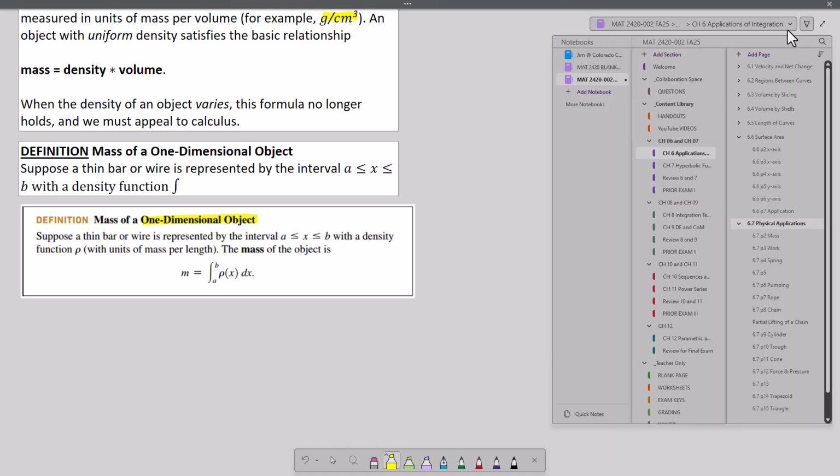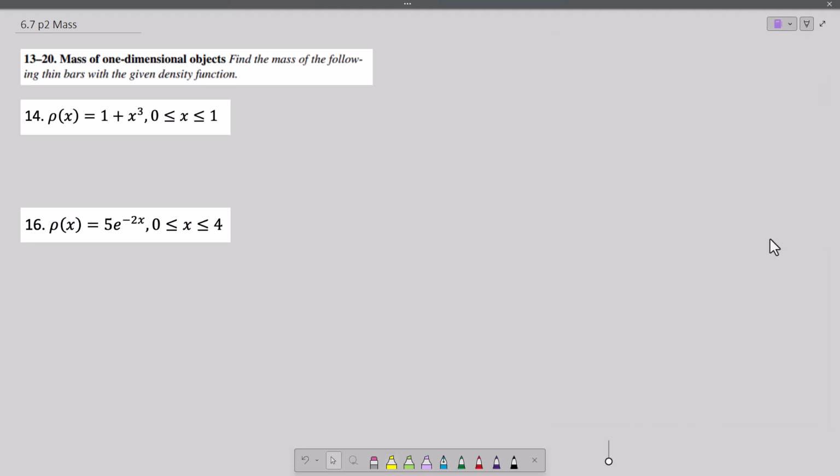Now we'll just look at a couple of simple examples here where we have functions measuring density. This is a one-dimensional object, so it's one-dimensional density. It's grams per centimeter, or it could be kilograms per meter, whatever. If that's a density function that's changing over the wire's length, we just integrate.